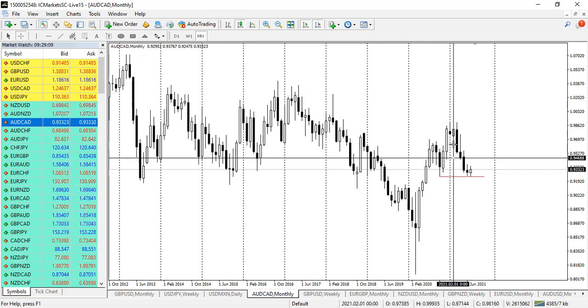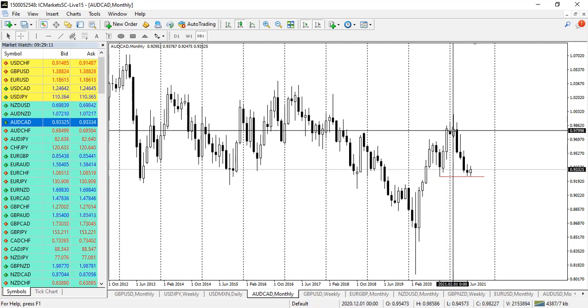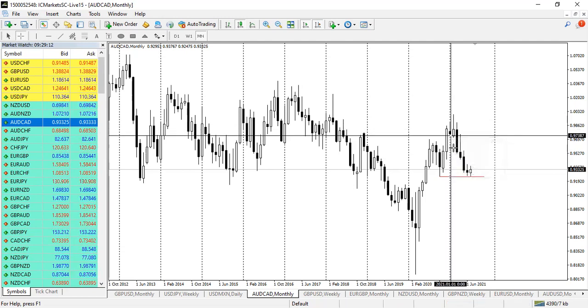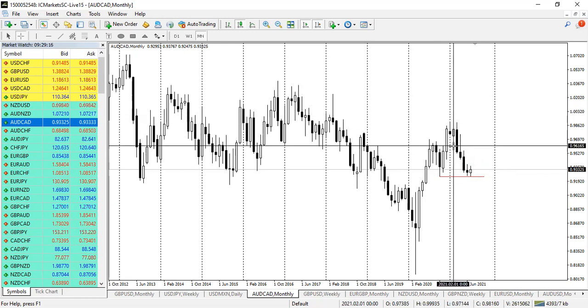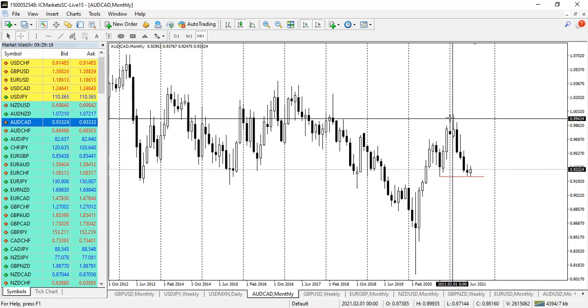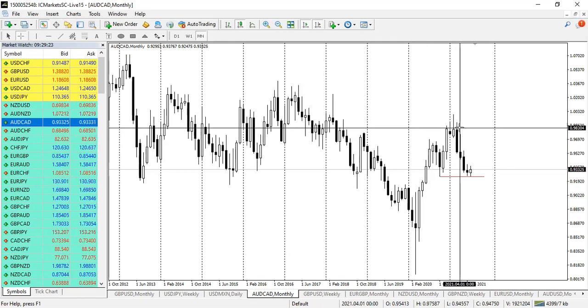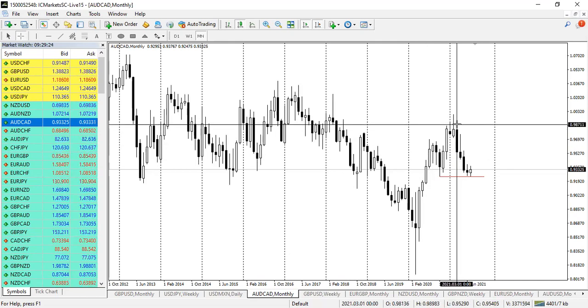We see price being rejected around here. This is in January. And then in February, price tried to go a little bit higher, but came lower, struggling to decide whether to go up or to come down. And then this is March.